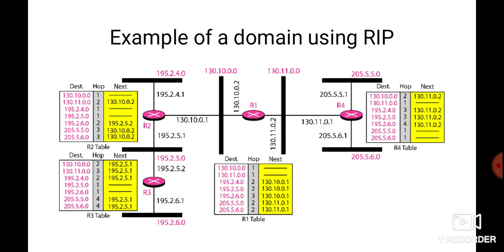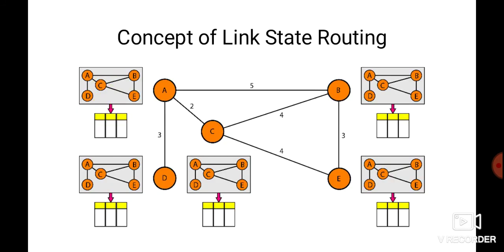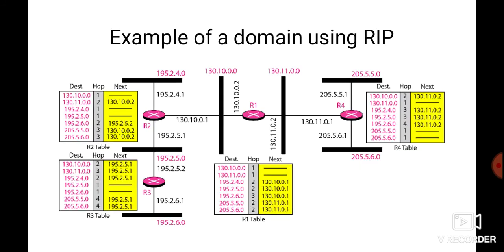The metric used by RIP is very simple. The distance is defined as the number of links or number of networks to reach the destination. So the metric here is the distance, and distance is nothing but the number of networks. For this reason the metric in RIP is known as hop count. Number of hops means number of networks via which we are passing.